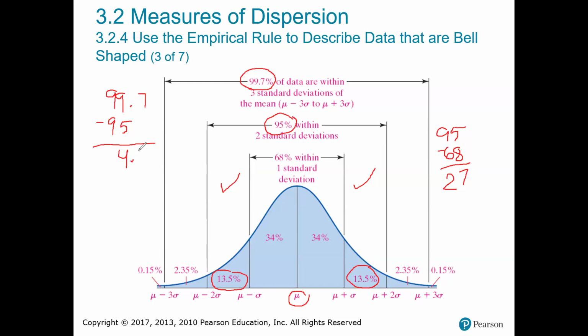That area, 4.7, is divided among 2 chunks or 2 pieces, right here and right here. Now, on your calculator, you may divide 4.7 by 2, and you will get exactly 2.35%.